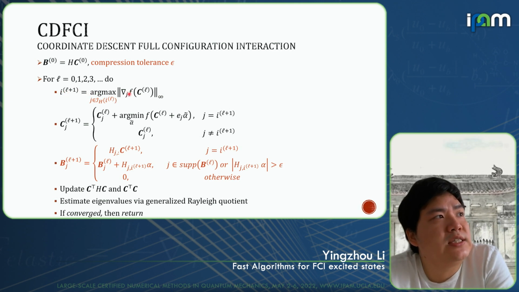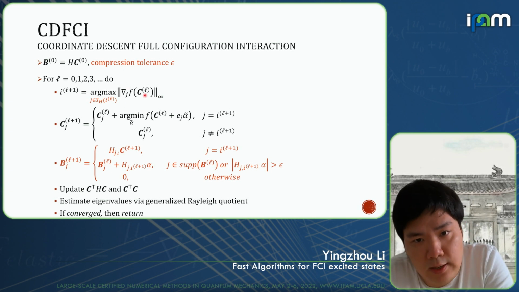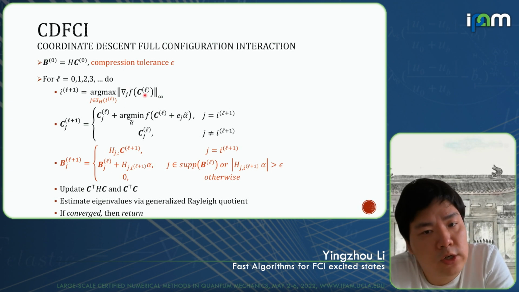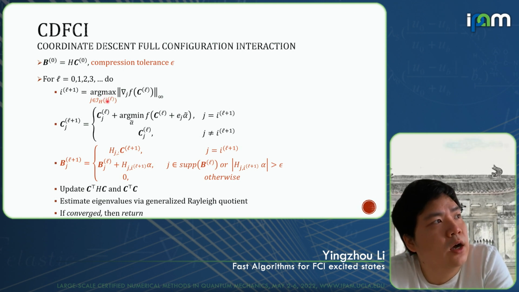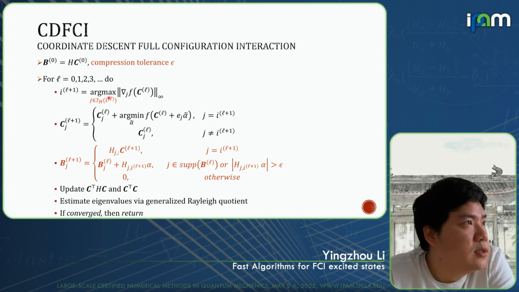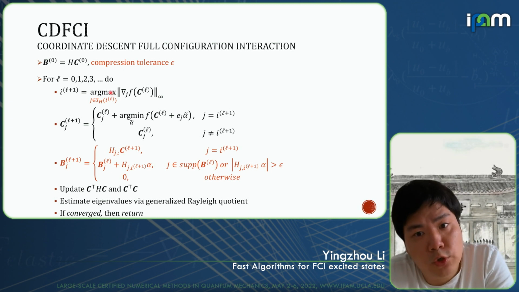Instead of going through the entire vector, because this gradient is of size n, which grows exponentially, we just select from the connected part from the previous iteration. Assume in the previous iteration we updated IL, which is the index of the row. Then in the next iteration, we select from the coordinates connected to IL.